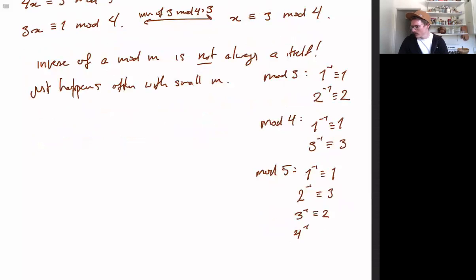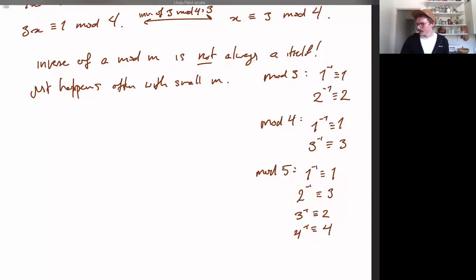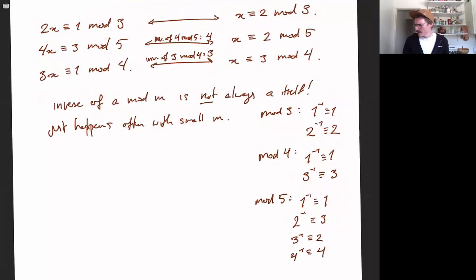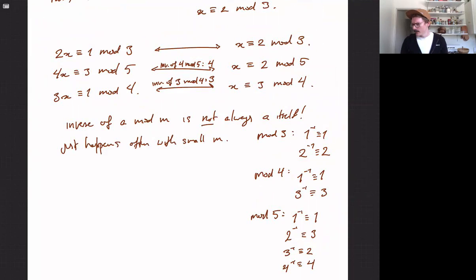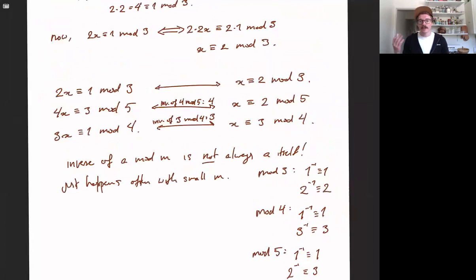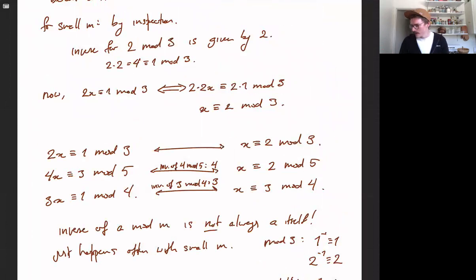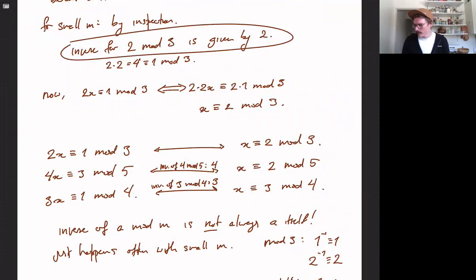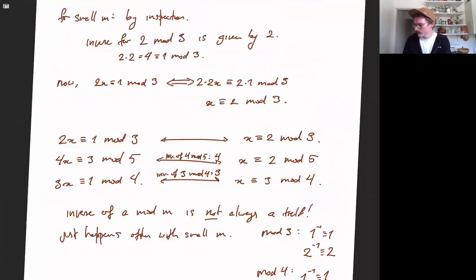And then 4 is the only thing left. But you can see already here that it is not always the case that the inverse is the thing you started with. But people have asked about this many times, and for good reason, because it does happen coincidentally a lot of the time. So you can see that here, coincidentally, all 3 of these have the inverse being the same thing, but it is not always true.